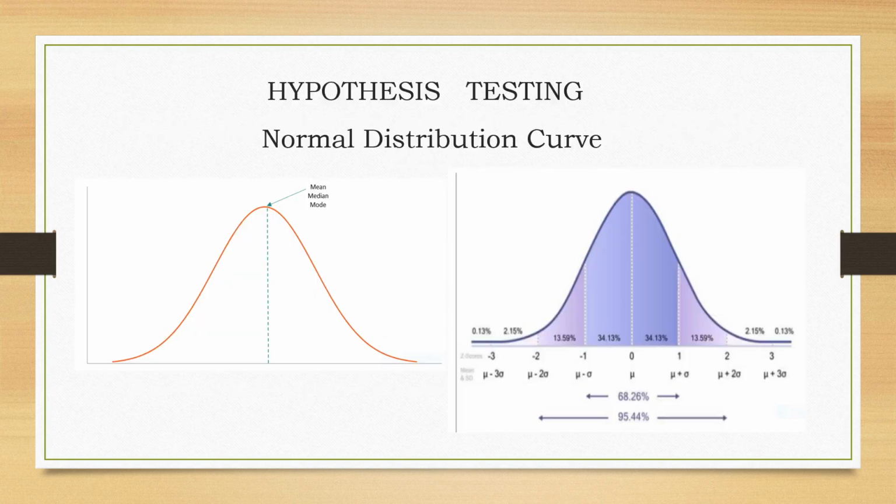First of all, let us look at the normal distribution curve. The normal distribution curve is a curve that tells us about the distribution of observations. The area under the curve is 100%. What are the characteristics of this curve?